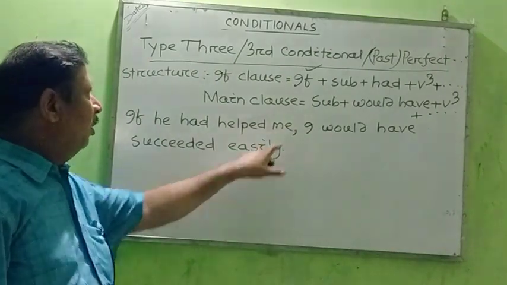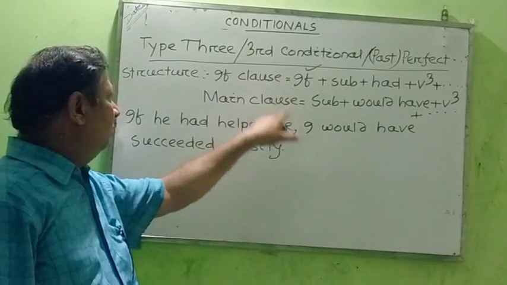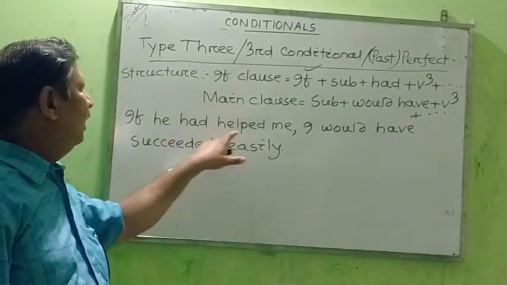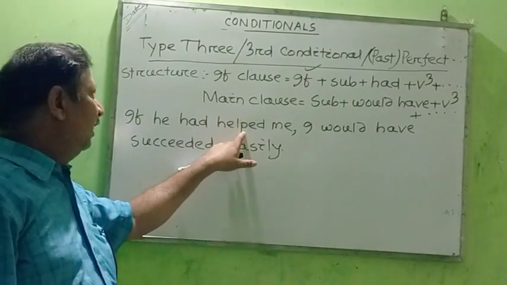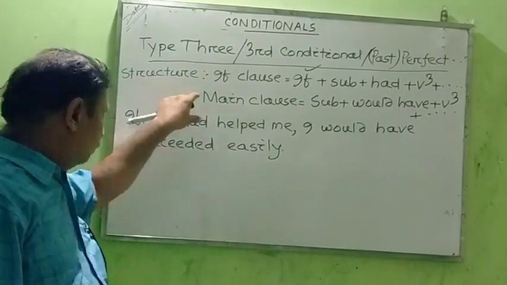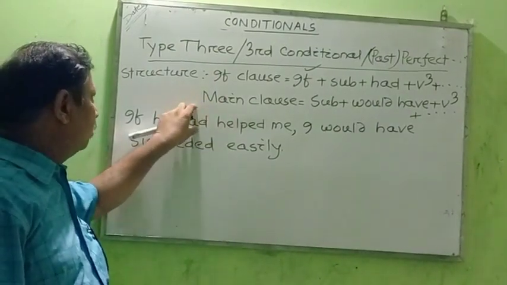This is the structure. Or we can also write it beginning with the main clause: I would have succeeded easily if he had helped me. Either way you can begin the conditionals, and these are the structures.